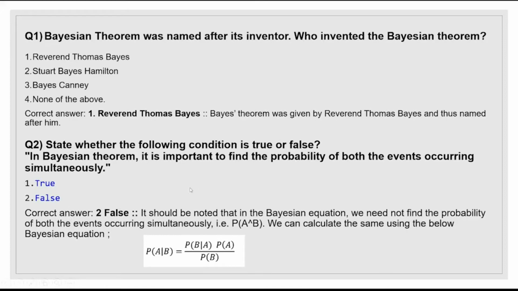Now, it should be noted that in the Bayesian equation, that is probability of A given B is equal to probability of B given A into probability of A upon probability of B, we need not find the probability of both events occurring simultaneously, that is probability of A intersection B. We can calculate the same using the Bayesian equation. So we can say that in the Bayesian theorem, it is not important to find the probability of both events occurring simultaneously. So this statement is false.